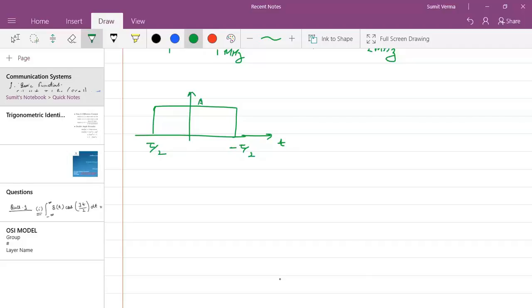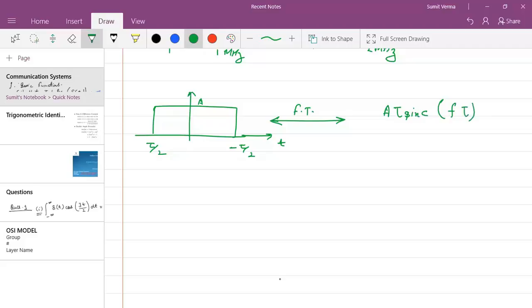When I am trying to transmit this signal, I need to see its frequency components. How can I get the frequency components of this signal? I will use the Fourier Transform tool here. We already saw that the Fourier Transform for this gate pulse is A tau sinc of f tau.